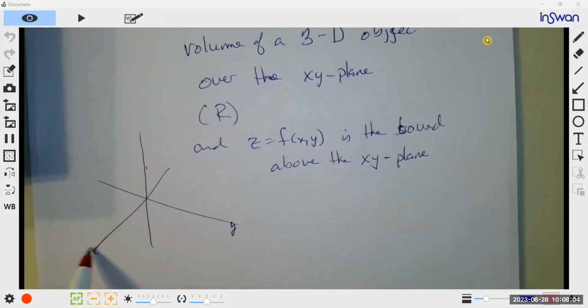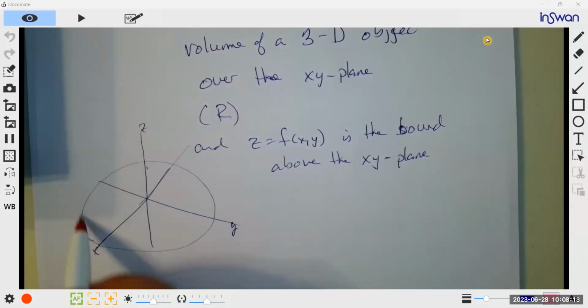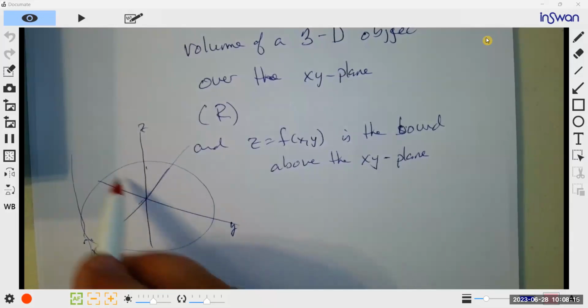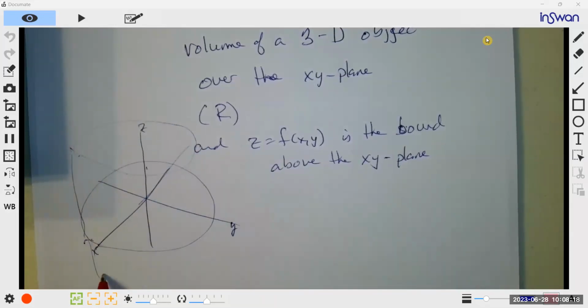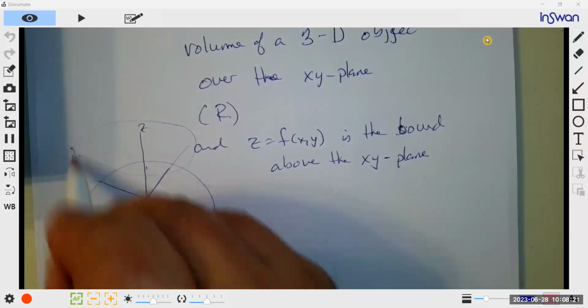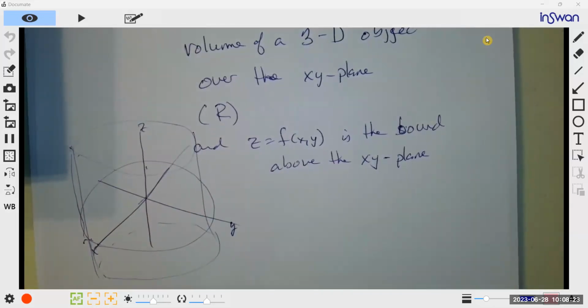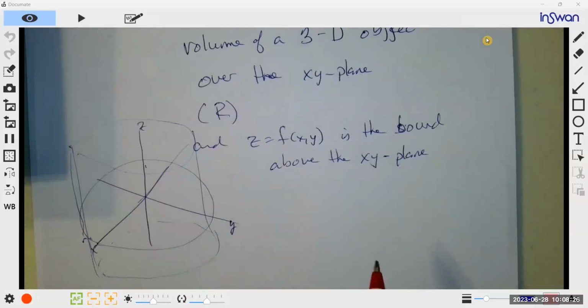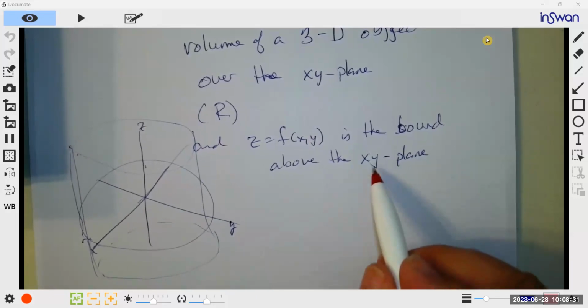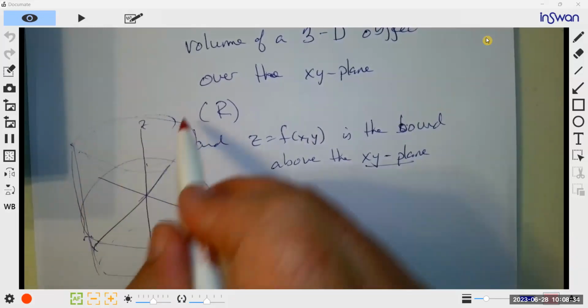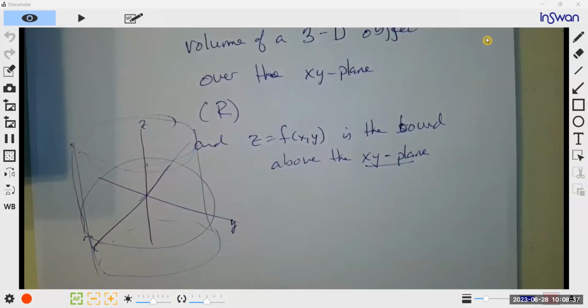We find the shape of the object first. Let's say it's a circle. And then on the z-axis, it gives us a height, up and down. So that gives us now a cylinder. And we could use these properties here to find the volume of the cylinder. Again, it's looking at the xy plane, so we find the area and then the volume by knowing the height, the delta A.